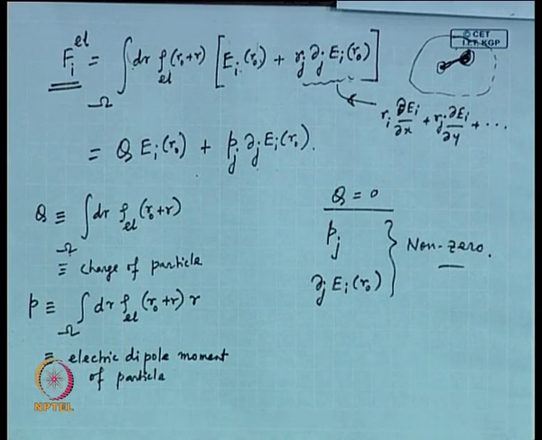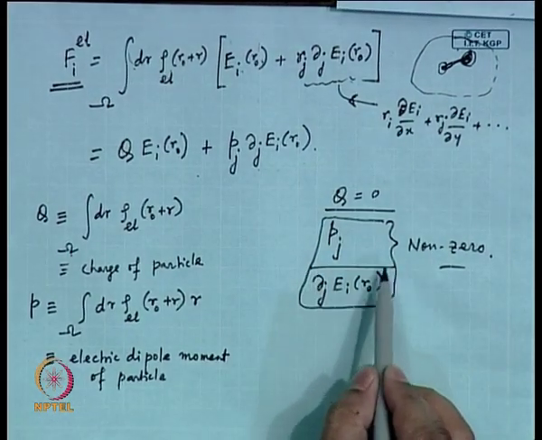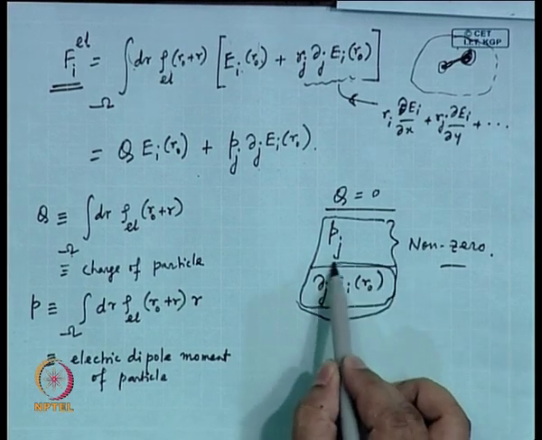All right. That is what I am trying to drive at. Okay. So, what does this mean? That I have P_j non-zero, and particularly what does this term mean? Do you have any idea what this is?